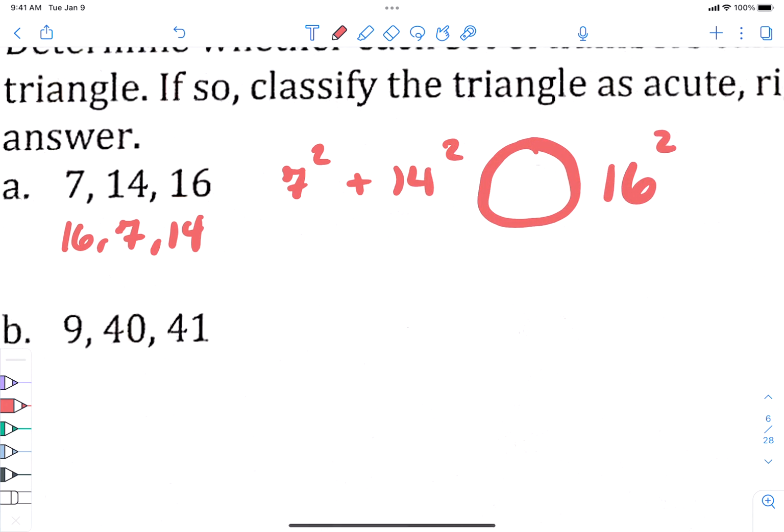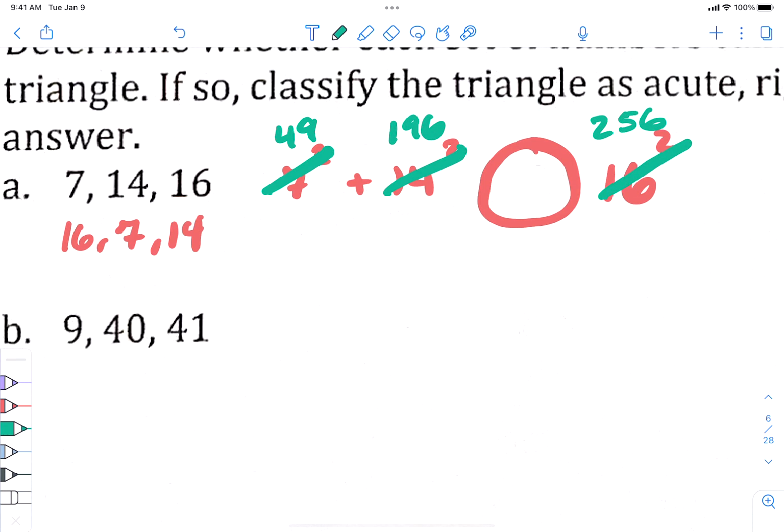So I'm going to do an open circle. Okay, 7 squared is 49, 14 squared is 196, 16 squared is 256, I believe. 49 and 196 is 245 and 256.